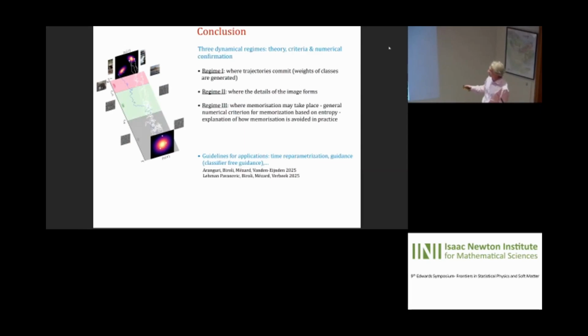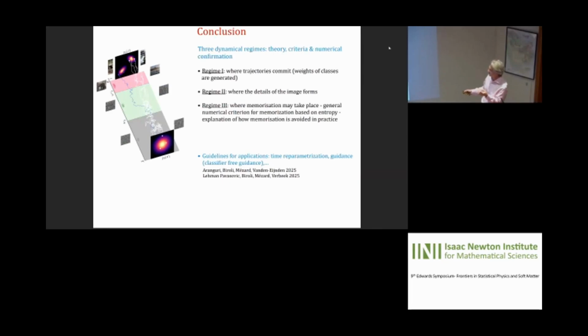In the first regime, you go from white noise to a point in which the trajectory commits to a given class. And if you have subclasses, then while they commit, you have a sequence of transitions. Then there is regime 2, in which the details of the images are formed, so it becomes less and less blurred. And then in regime 3, memorization takes place if you use a perfect score.